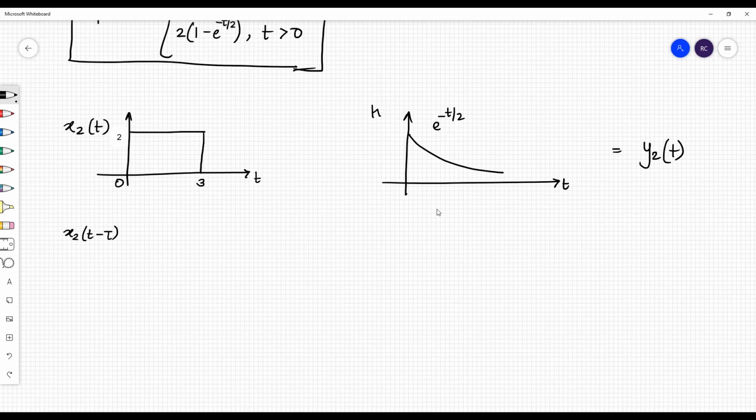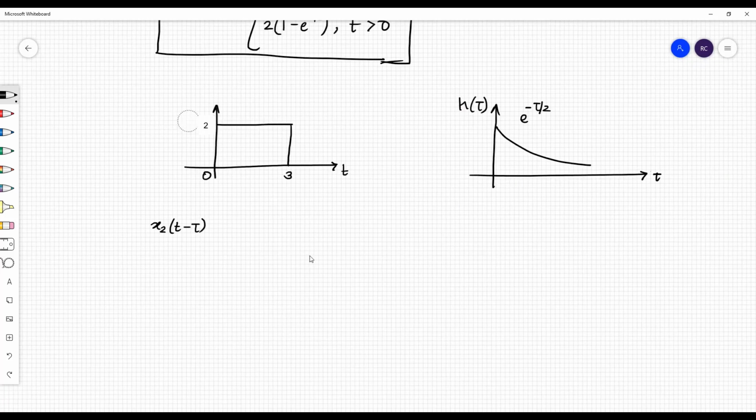Here I'm just going to make it quickly, everything in terms of tau. Now if this is x, and this also I'll make it in terms of tau. So x2 tau. Right? If this is x2 tau, what is x2 minus tau? This is x2 minus tau. If this is x2 minus tau, this is a special case where t is equal to 0.